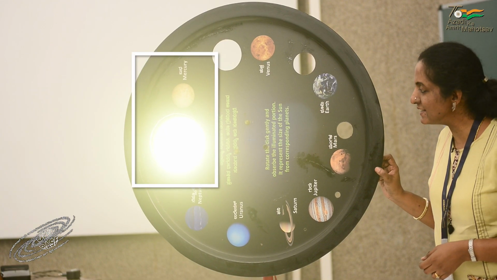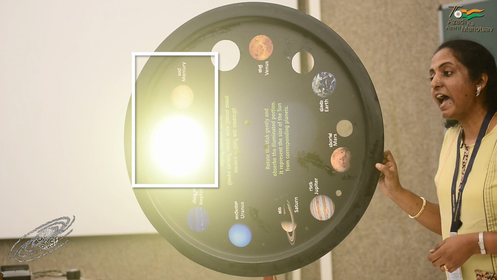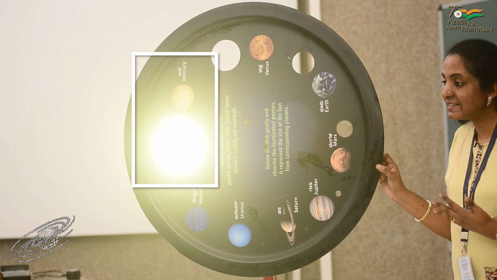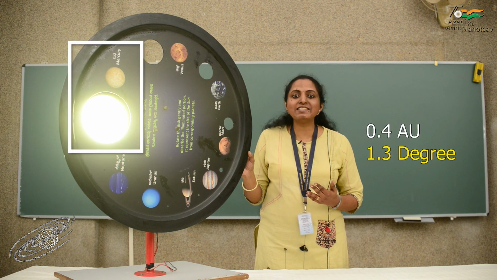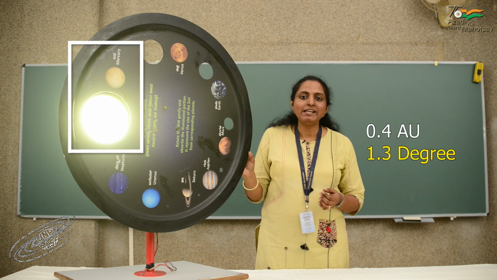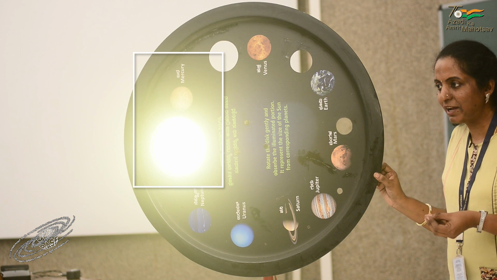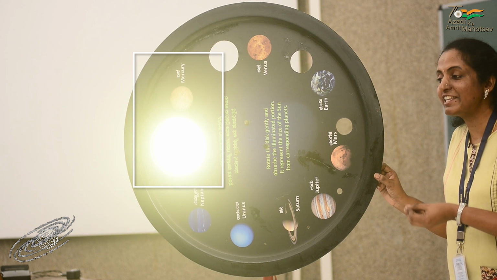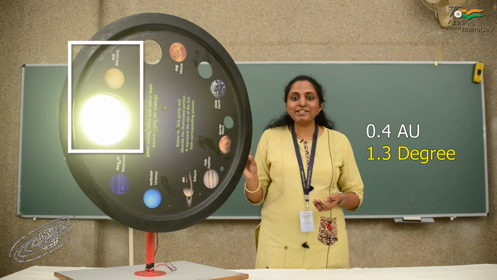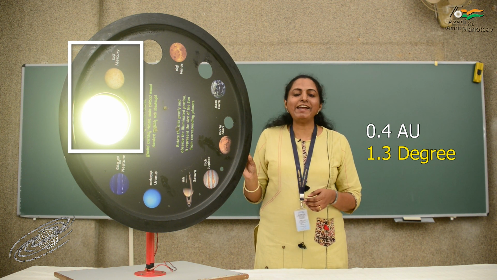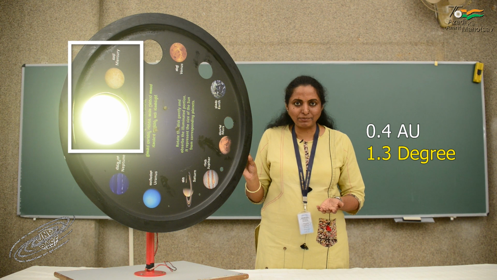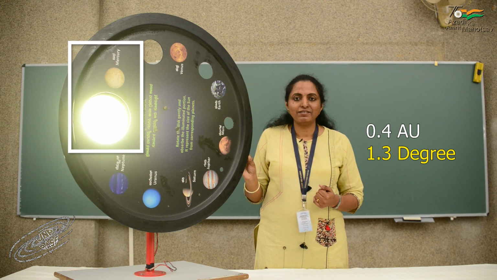So, now what we are seeing here is the angular size of the Sun as seen from the planet Mercury. As we know, Mercury is the closest planet to the Sun. Mercury is something like 0.4 astronomical units away from the Sun. In comparison to this, our Earth is 2.5 times farther away from the Sun compared to Mercury.